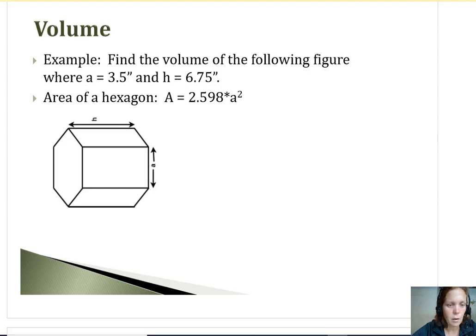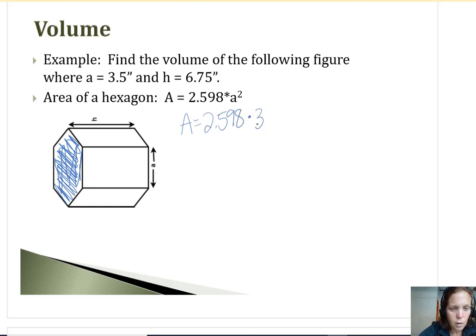So for this one, the area of the base, like we talked about with the surface area, is actually like the front of it, because we have to imagine this turned 90 degrees, because the base that's consistent throughout is a hexagon. You might have this already written down from doing the surface area, and if you do, definitely save yourself some calculating and just pull what you have from when we did the surface area: 31.8255 square inches.